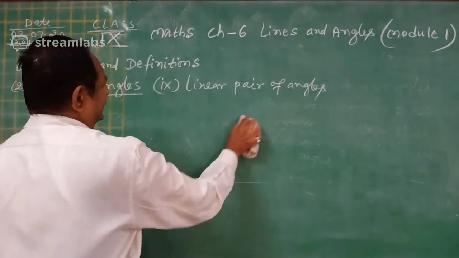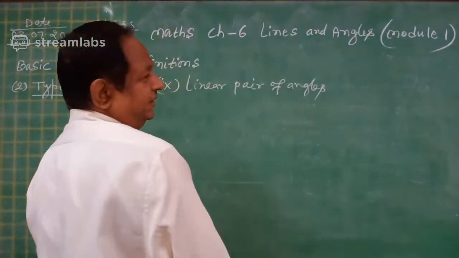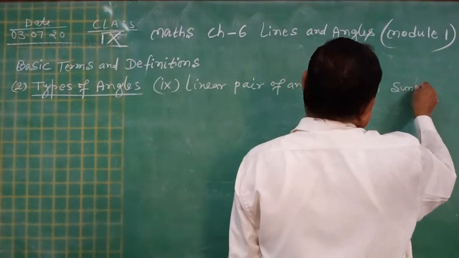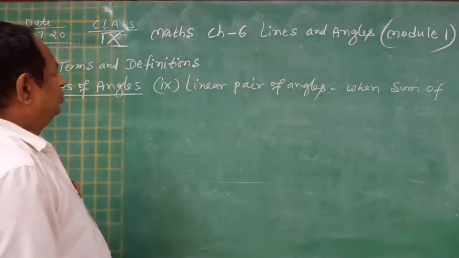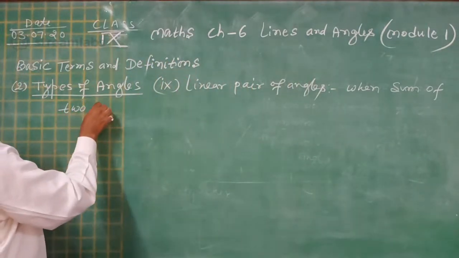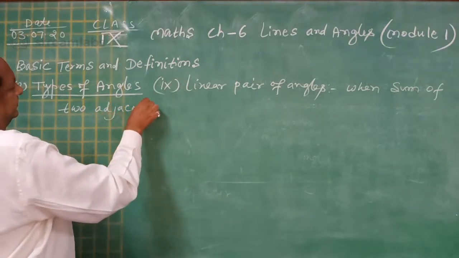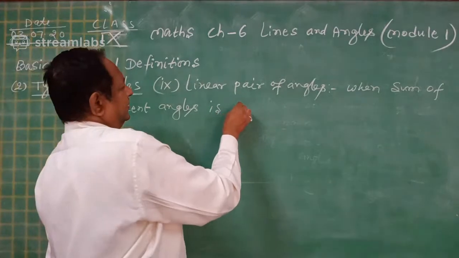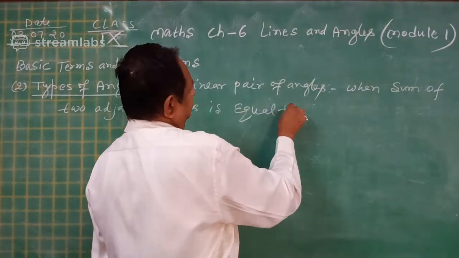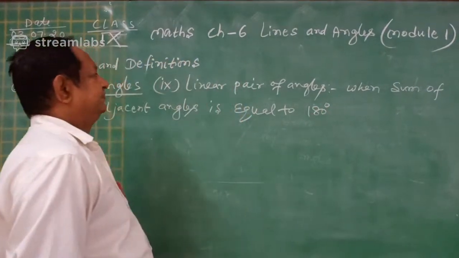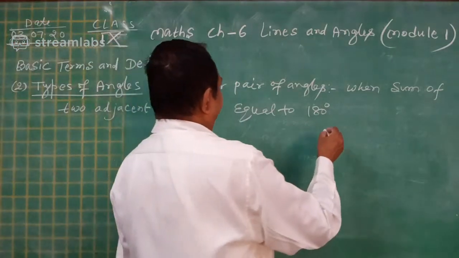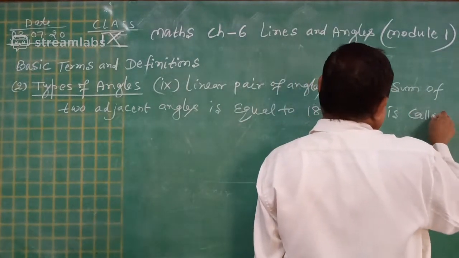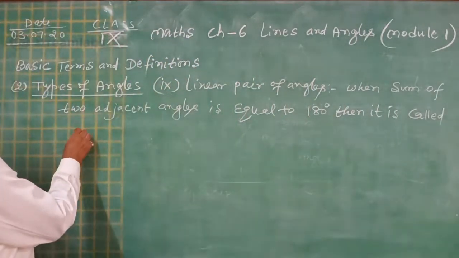When the sum of two adjacent angles is equal to 180 degree, then it is called linear pair of angles.